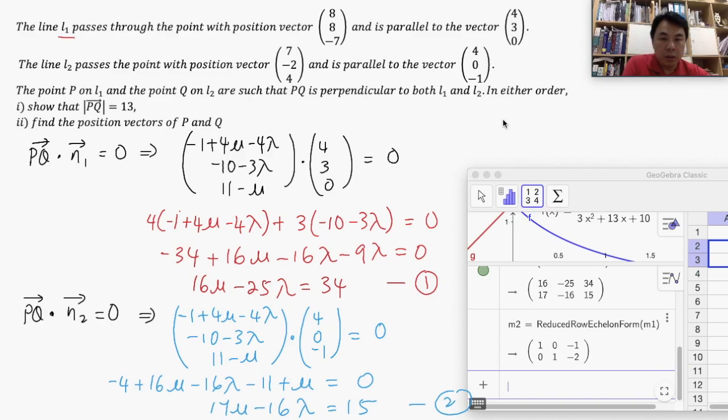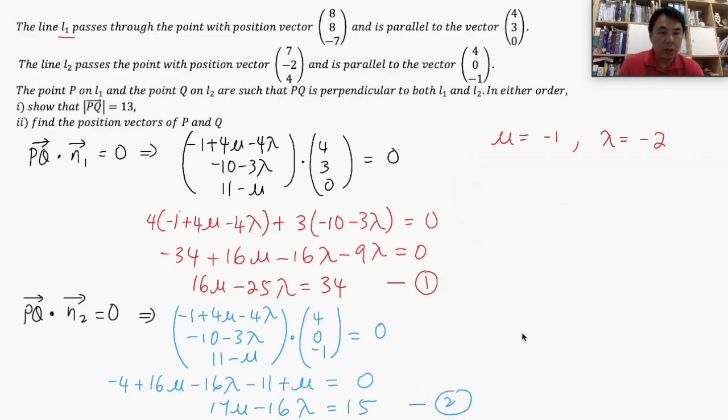So after solving this, you will find that μ should be equal to -1, and λ should be equal to -2 here. Right? Now the solutions I will leave it to you to figure out, but that is what I have at this point.